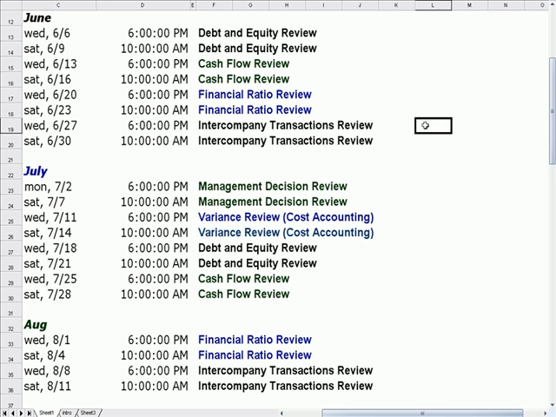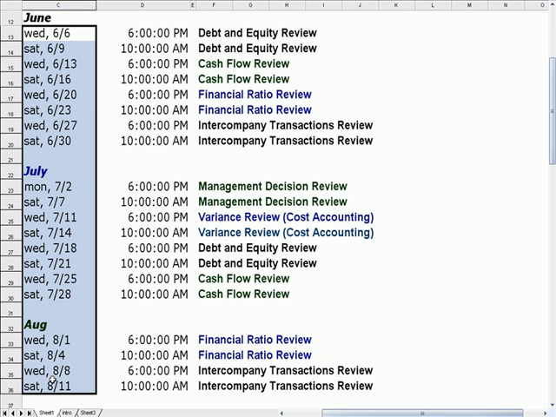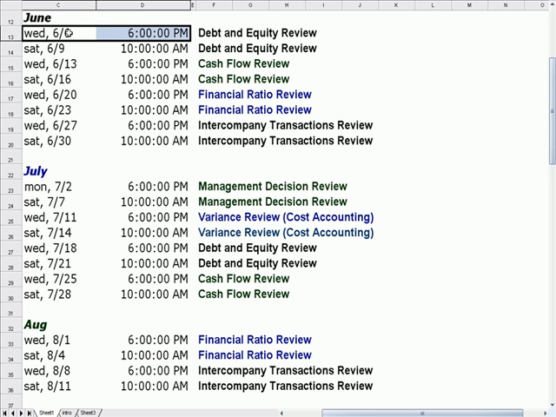And so we're going to rotate through all those. Now, you can see off to the right here that we're going to do them Wednesday nights and Saturday mornings. Generally, Wednesdays at 6 p.m., Saturdays at 10 a.m.